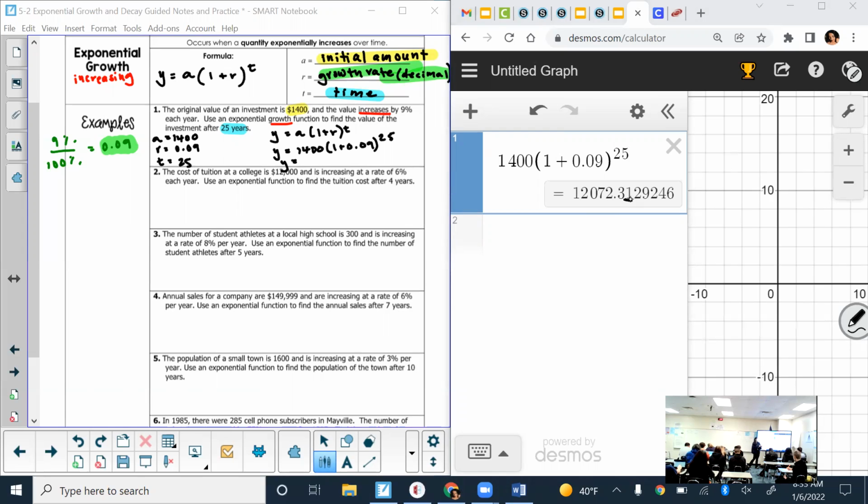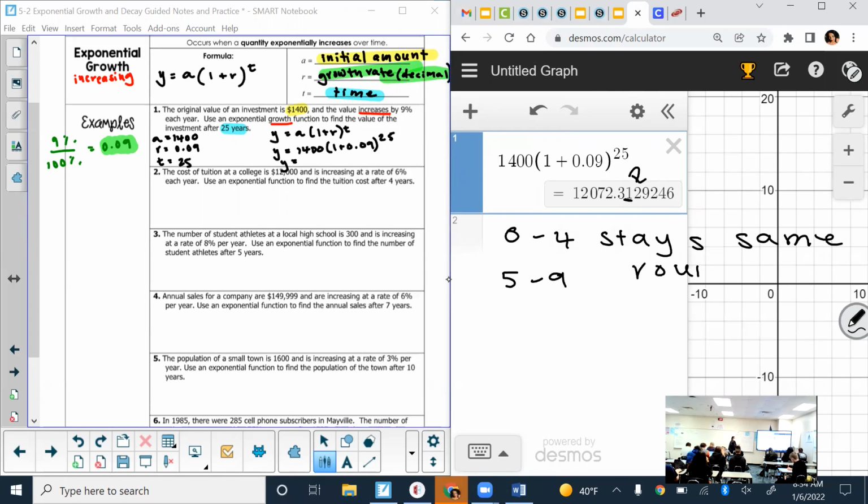All right, when you need to round to 2 decimal spots, or whatever number you need to round to, you need to look at the number directly to the right of it. So if that number is from 0 to 4, then the number that you're rounding to stays the same. If it's from 5 through 9, then you round up.